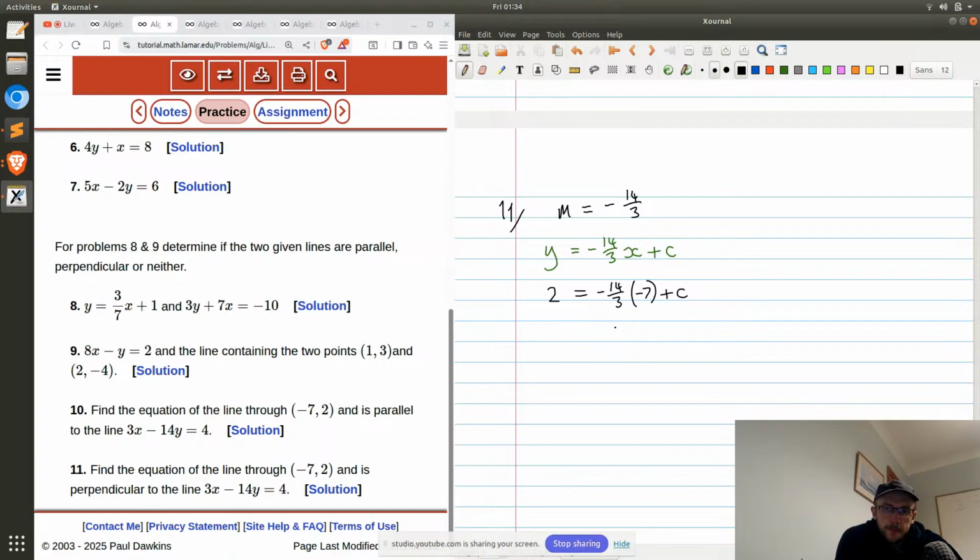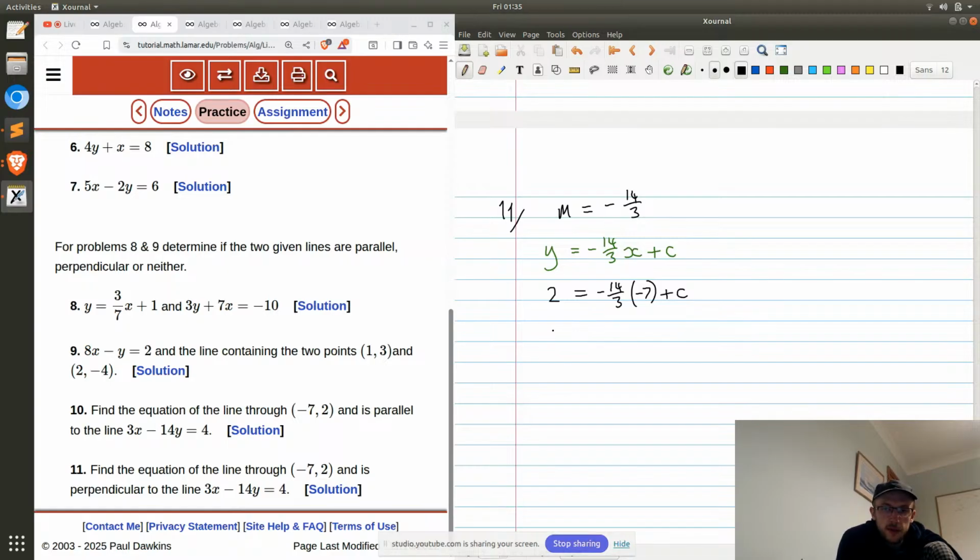And now -14 times -7 is 98, and 98/3 is 32 2/3. And subtract that from 2, and you get -30 1/3.